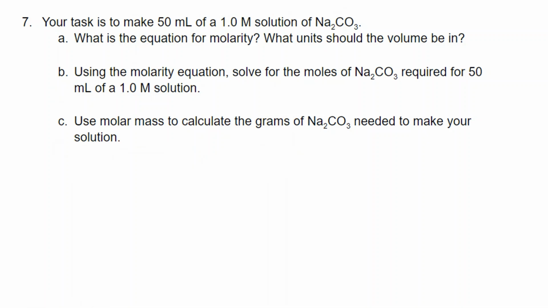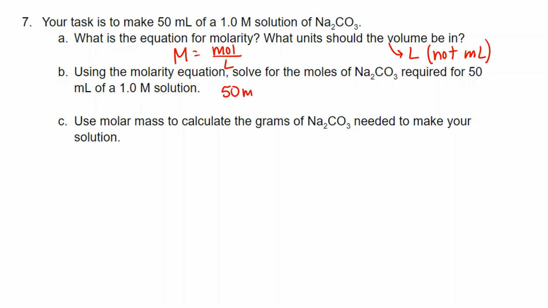Okay, so if we wanted to make 50 milliliters of a 1 molar solution of sodium carbonate, our equation for molarity is moles per liter, and volume needs to be in liters, not milliliters. So using the molarity equation, solve for the moles of sodium carbonate required for 50 milliliters of a 1 molar solution.